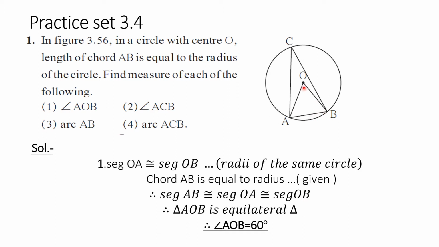AB is this segment, OA and OB are the radii. All these three segments are congruent and hence this triangle AOB becomes an equilateral triangle and therefore measure of angle AOB, that is this angle, is equal to 60 degrees, reason: the angle of an equilateral triangle.